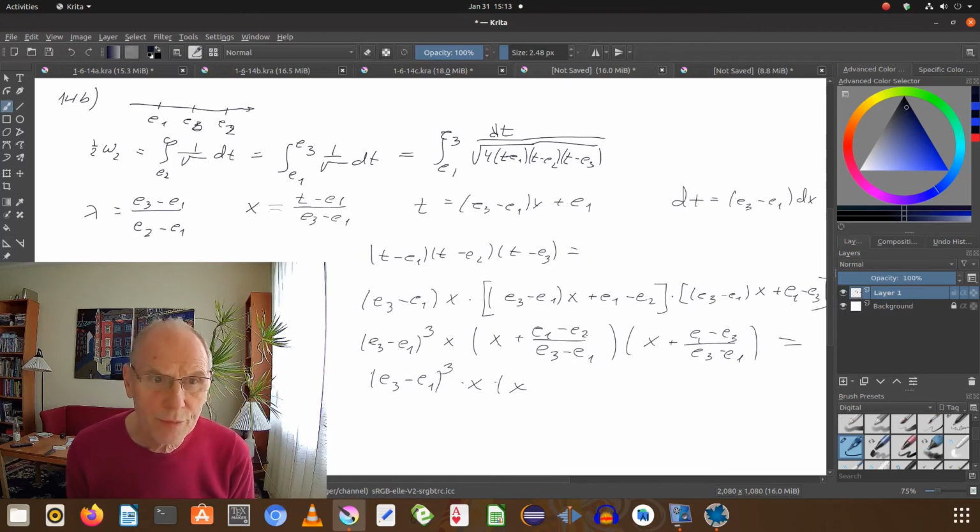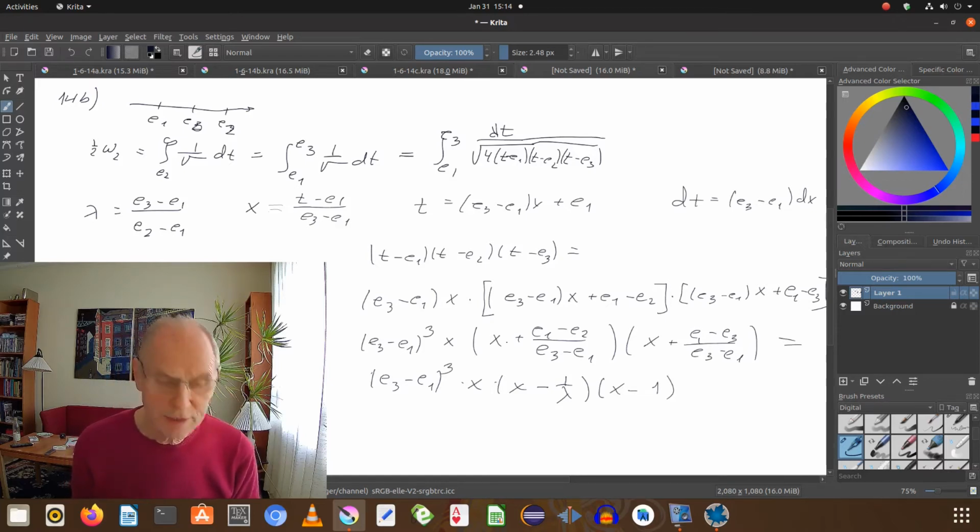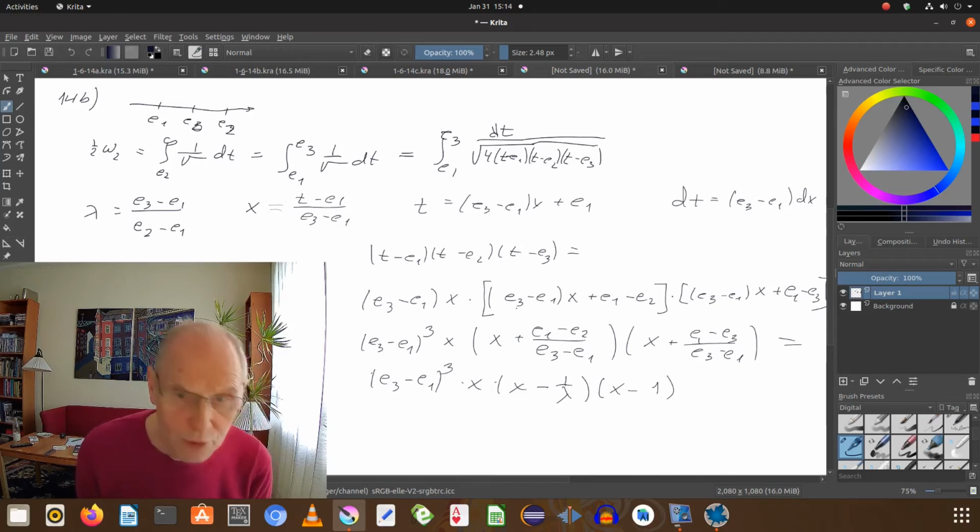This is 1 divided by lambda. And of course, with the numerator being minus the denominator here, it's a minus lambda. And this is x minus 1. So it begins to look like what we should show.